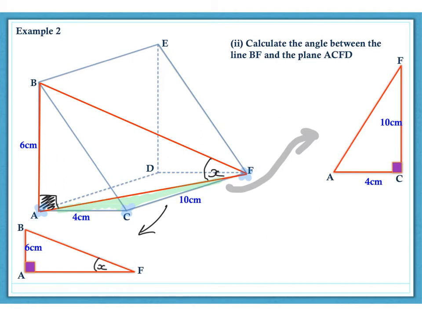So F to C, which is this measurement here, is 10 centimetres. A to C is 4 centimetres. There's a right angle there between AC and CF at C, and the measurement we're looking for is A through to F, which I will call Y.